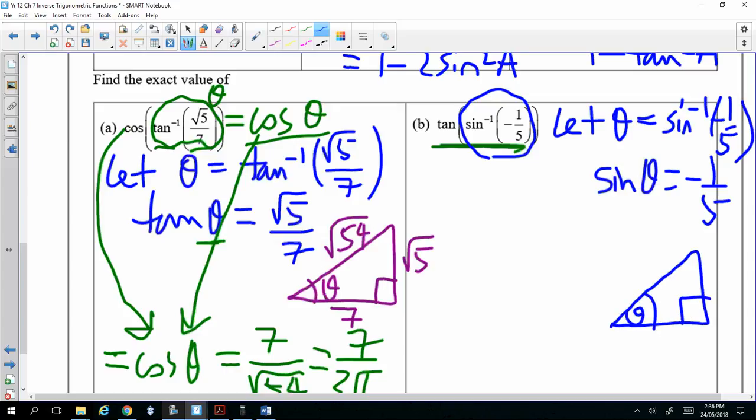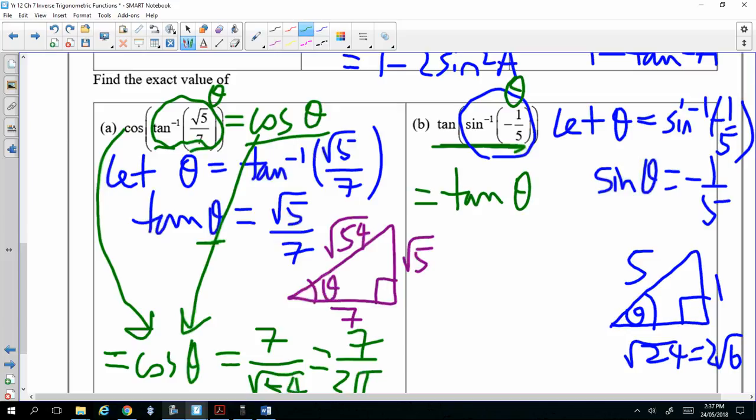Okay, so now the question becomes tan theta, because this is theta now, right? That's what we let theta. And then tan theta is opposite over adjacent, so you write 1 over root 24, actually 1 over 2 root 6. But remember, this is negative. What quadrant would theta be in if it's negative?